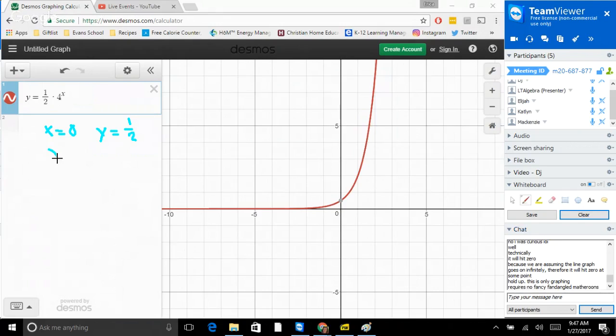Okay, when x equals 1, that means it's going to be 4 to the first power. 4 times 1/2 is 2. So these 2 points should be true over here if I did my math right. So when x equals 0, y should be 1/2, and when x equals 1, y should be 2.